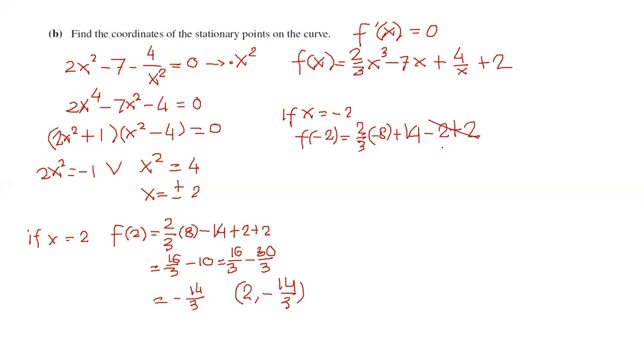Okay, it becomes negative 16/3 plus 3 times 14, 42, over 3, it becomes 26/3. So the coordinates of the stationary point are negative 2 and 26/3.